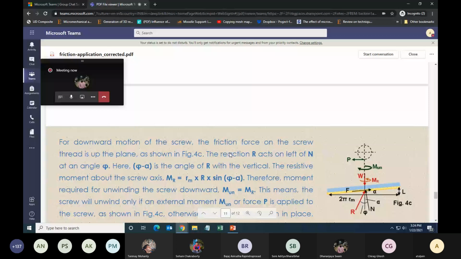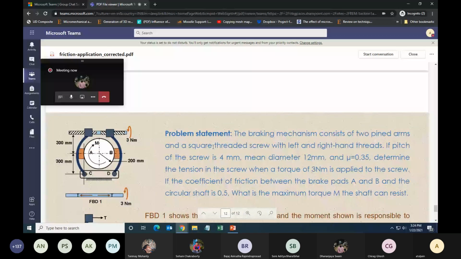Braking mechanism consists of two pinned arms, the square-threaded screw with right and left-handed thread. Screw is 4 millimeter, mean diameter is 12, mu is this much. Determine the tension.